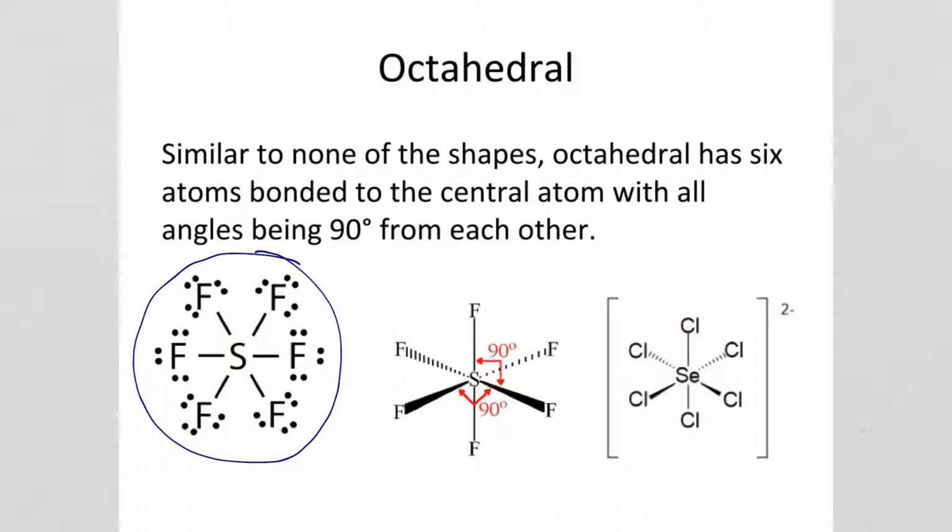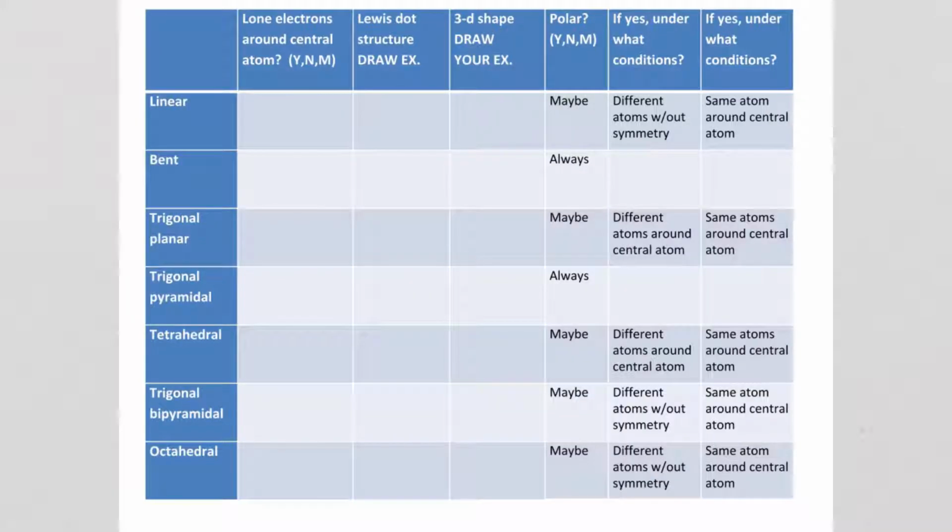So the shape is one half of the concept of something being polar or nonpolar. I've already highlighted if something would be polar based upon shape alone and under what conditions. This would be important for you to know. No, you do not get to use this for any kind of test, but what I want you to do is fill in these boxes here with examples.